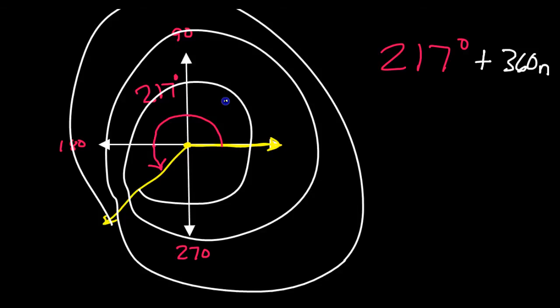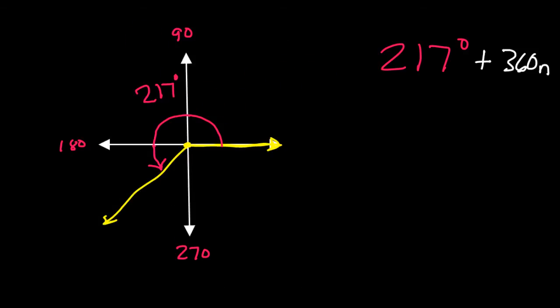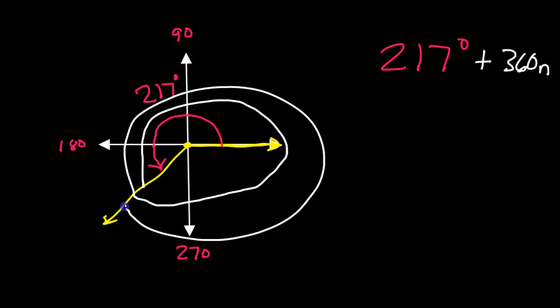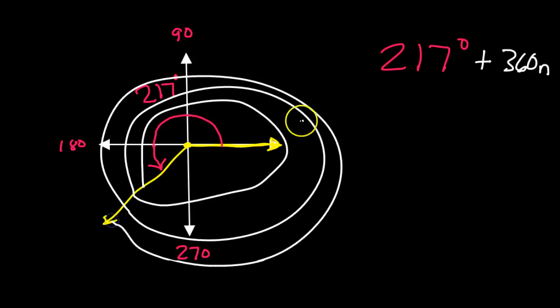And just then I was going clockwise, but I didn't have to. I could have gone counterclockwise. So if I start from my 217 degrees, but then I go minus 360 one time, or two times, or three times, or however many times I want, then all of those would be coterminal angles as well.